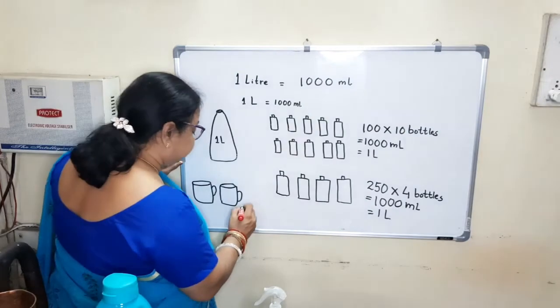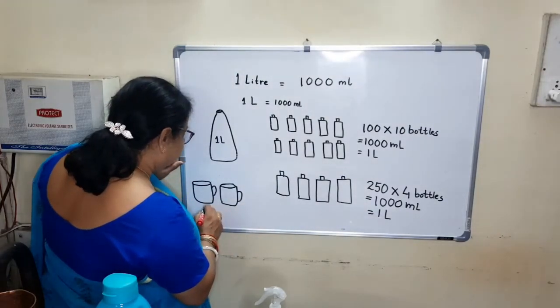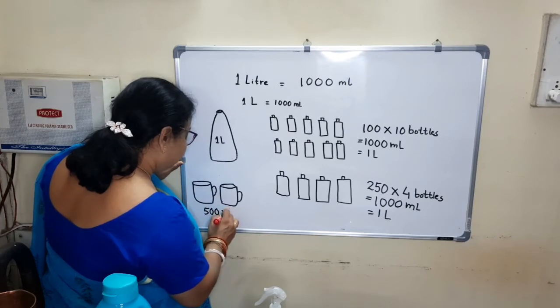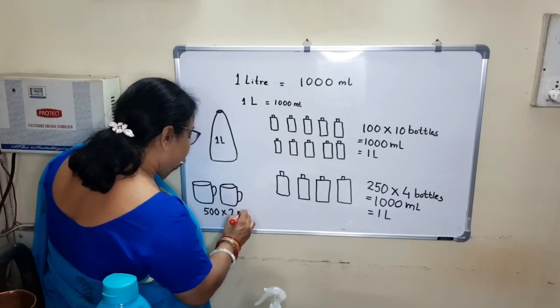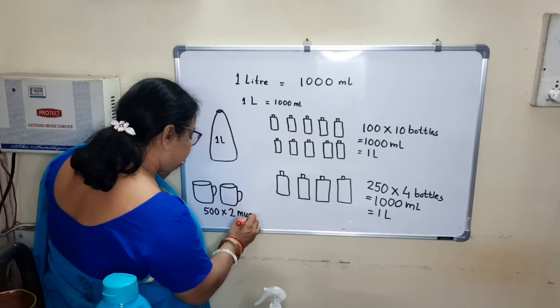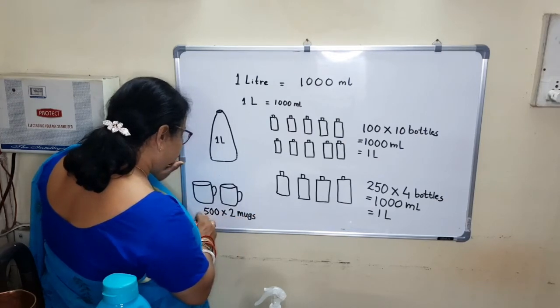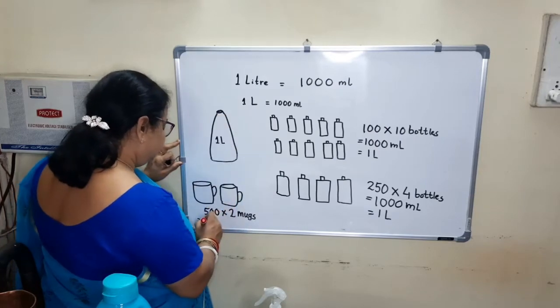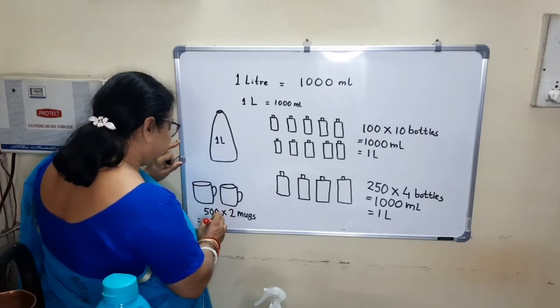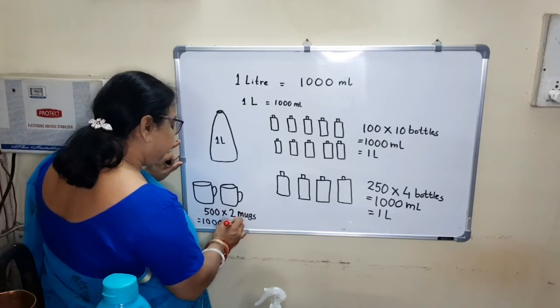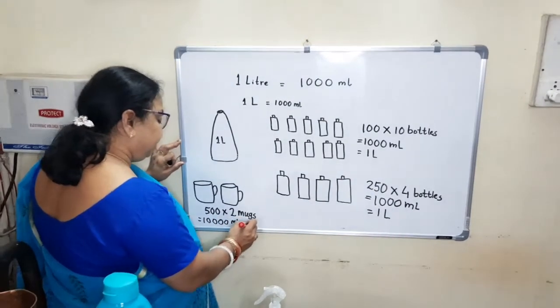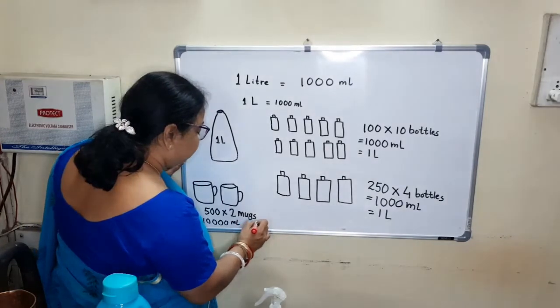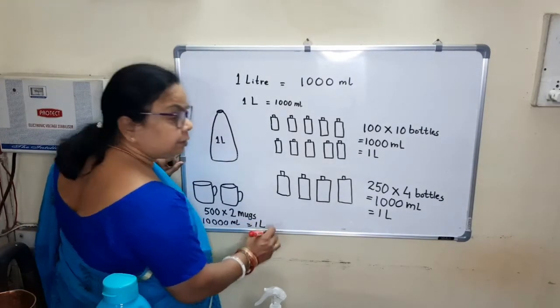How? 500 into 2 mugs equal to 500, again 500, so it is 1000 milliliter, equal to 1 liter.